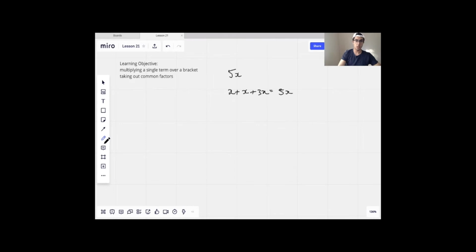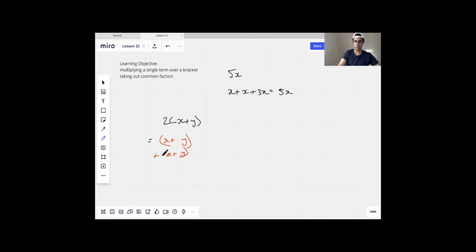Okay, so first thing let me do is ask a question. What is 2 times x plus y? Well, this is 2 times x plus y, but we know, for example, 2 times x plus y is the same thing as saying x plus y plus x plus y, right?